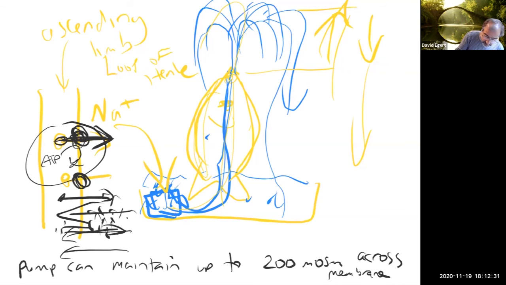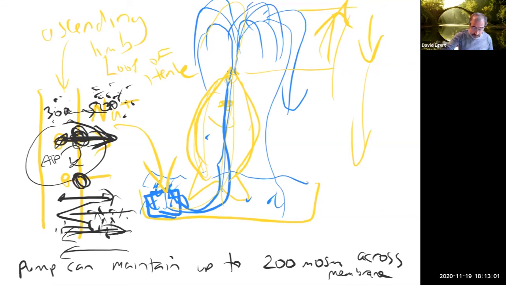Right, so if this pump is going full bore, it can be 200 milliosmolar or higher outside than inside, but at that point, the drive to come back in overwhelms the strength of the pump to push it out. So if it is 300 inside, it can be 500 outside, but I can't make it any more.